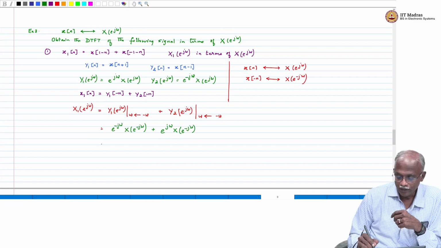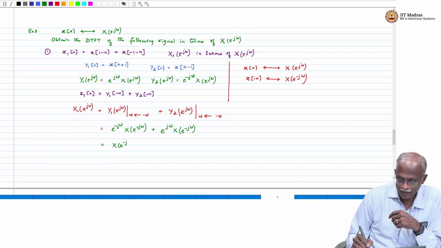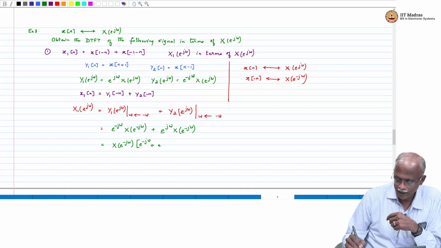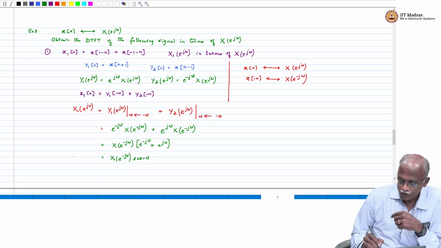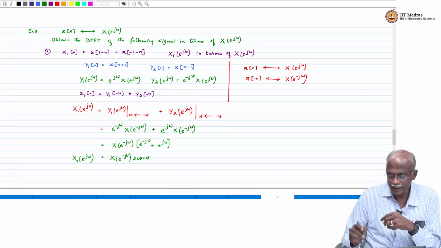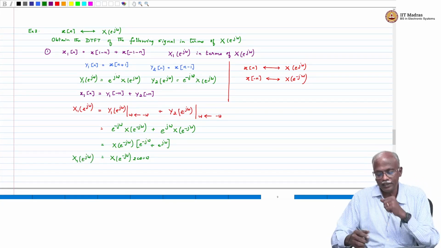Now we can combine these two terms, take x e of minus j omega common, you will get e power minus j omega plus e power j omega. This can be written as x e of minus j omega times 2 times cosine of omega. So, x1 e of j omega in terms of x e of j omega can be written in this form.